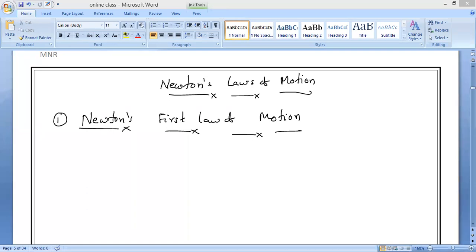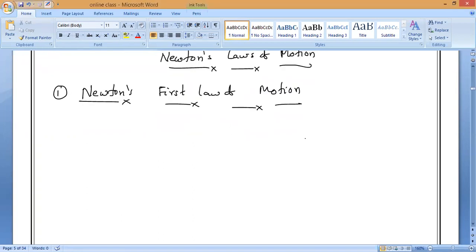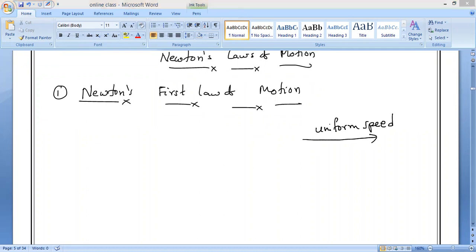A body at rest will remain at rest, and a body in motion will continue in motion in a straight line. With what speed, guys? With uniform speed, unless it is compelled by an external force.